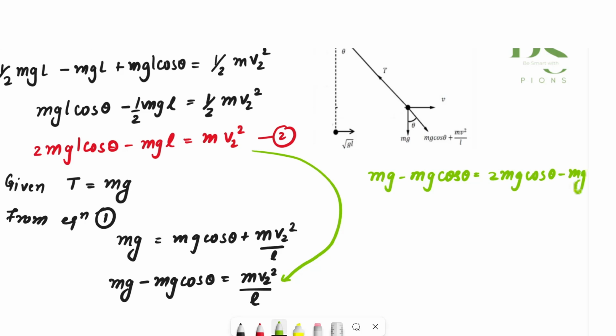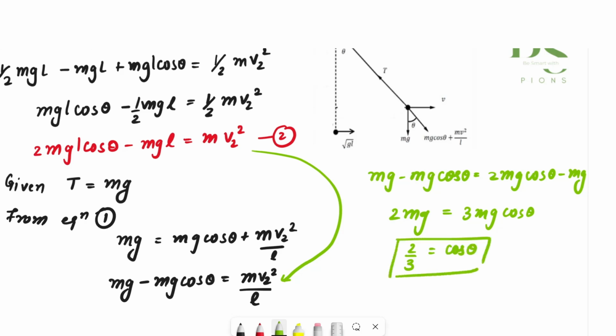Correct? Let's take this mg on the left hand side, it will become 2 mg, and take that mg cos theta on the right hand side, it will be 3 mg cos theta. And mg cancels with mg and you are left with 2 by 3 as cos theta. Correct?